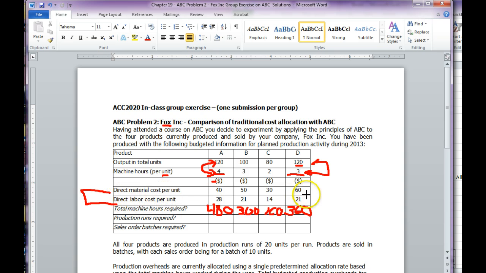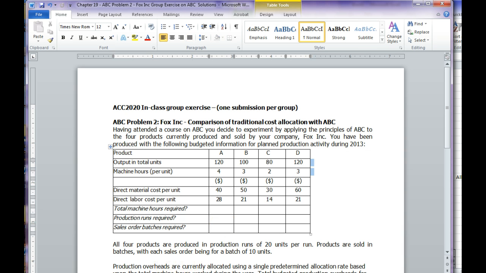Now we have 3 types of cost, right? We have direct materials. Now remember, your direct materials are the materials that you can directly tie to a manufacturing process. You have direct labor. Same thing, that's labor that goes directly in. Oops, sorry, I erased everything there.